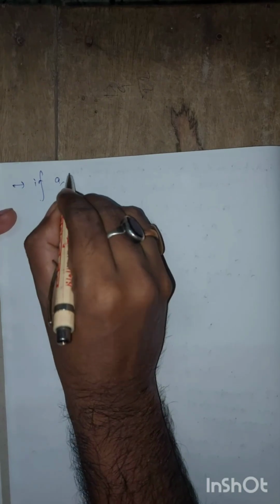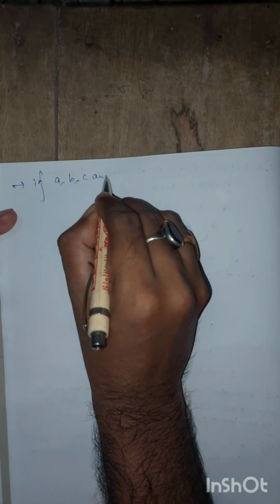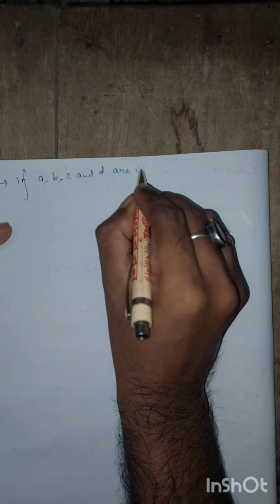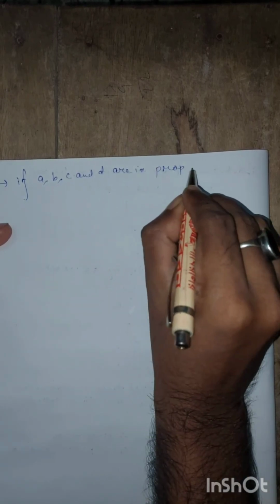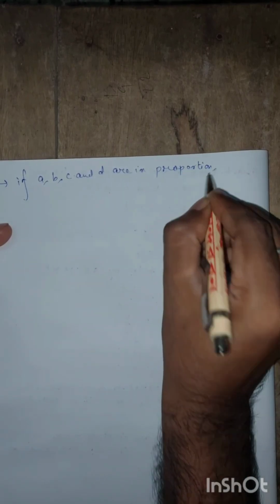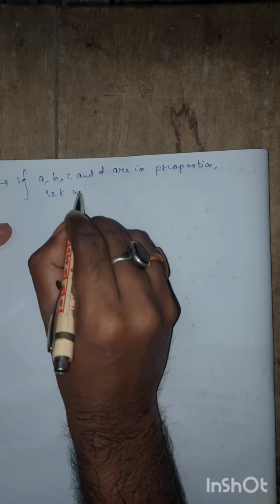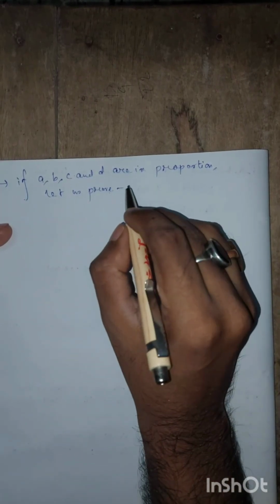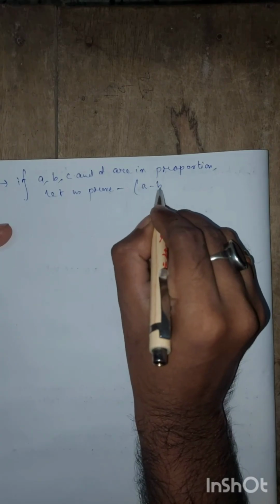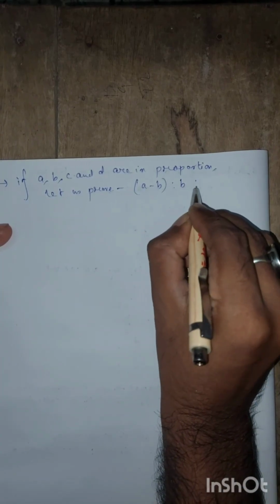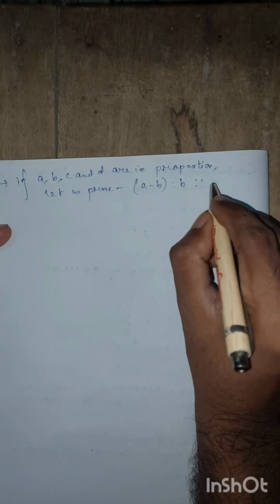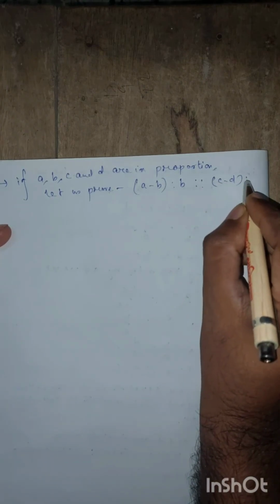If a, b, c and d are in proportion, let us prove a minus b is to b as c minus d is to d.